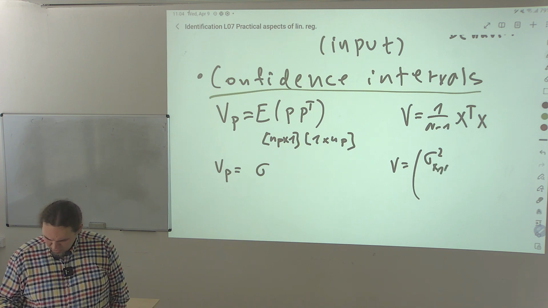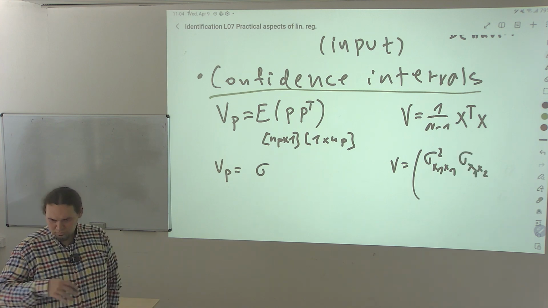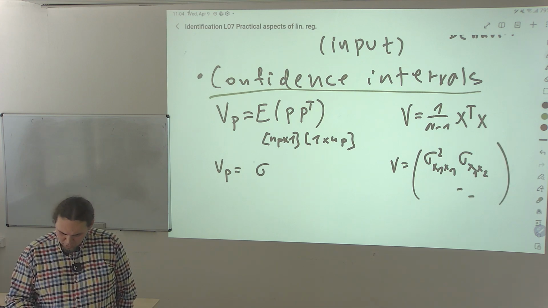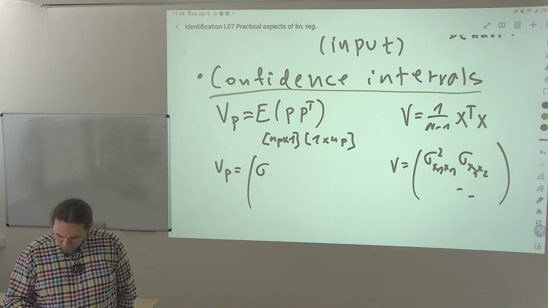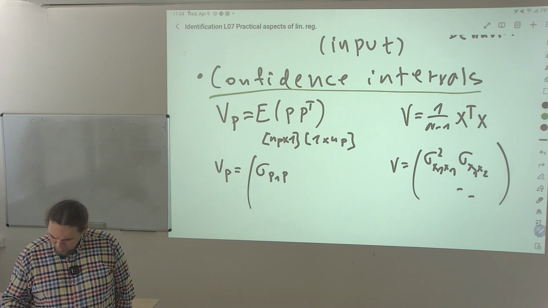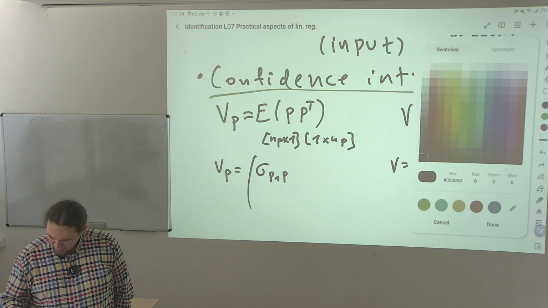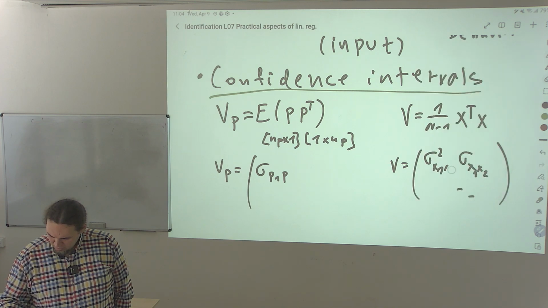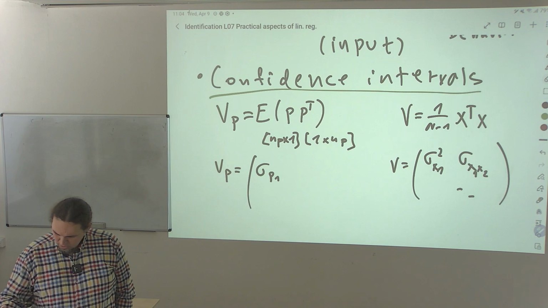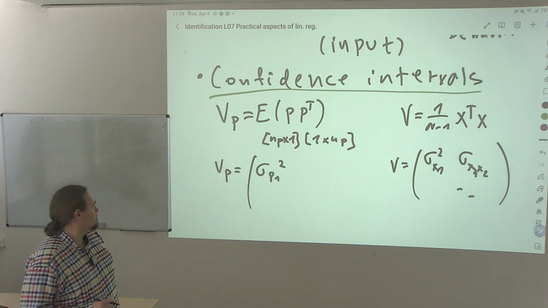Variance of x1, covariance x1, x2, and so on, and this matrix would work the same way. We actually don't need this double index.